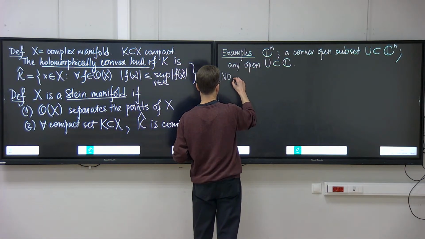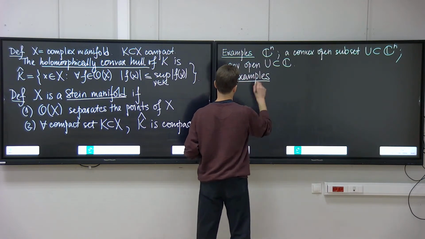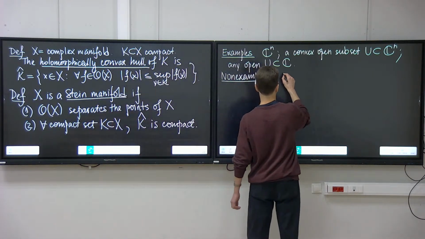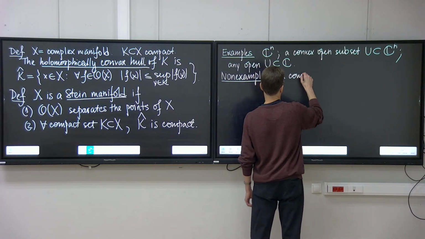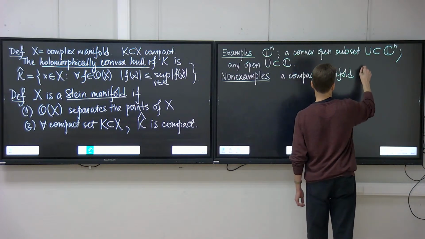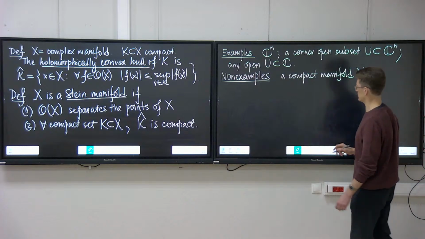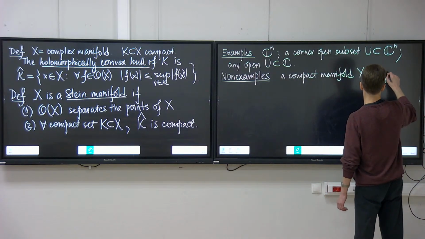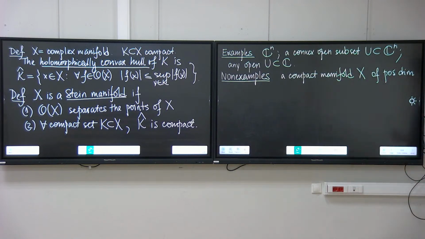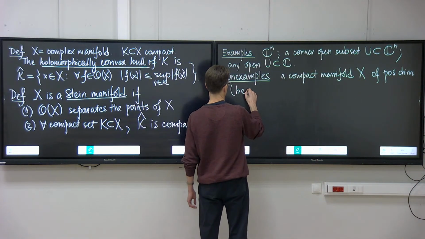But there are also non-examples. If X is a compact manifold of positive dimension, it is not a Stein manifold because by the Liouville theorem, if it is connected, then all holomorphic functions are constant.